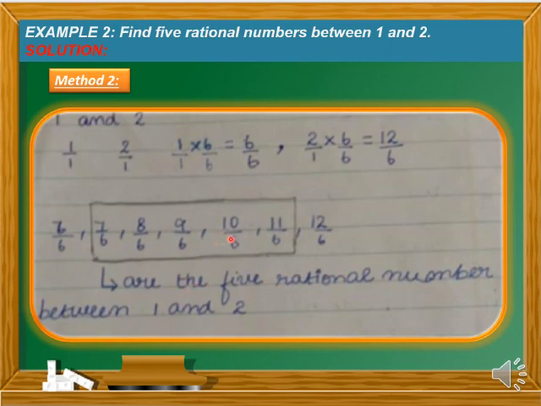Then 10 by 6 also goes in 2. 2 into 5 is equal to 10, so 5 remains here. 2 into 3 is equal to 6, so 3 remains here. So the numbers obtained are 7 by 6, 4 by 3, 3 by 2, 5 by 3, 11 by 6, the 5 rational numbers between 1 and 2.